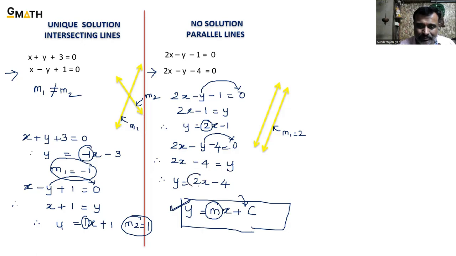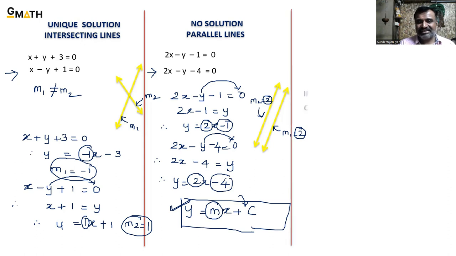The slope is 2. So slope of the second line, m2, is also equal to 2. So when the slopes are equal, we say the lines are parallel. Also, clearly you can see the y-intercepts are different, minus 1 here and minus 4 here. Y-intercepts are different, slopes are equal. So the lines are parallel lines, or the equations have no solution.